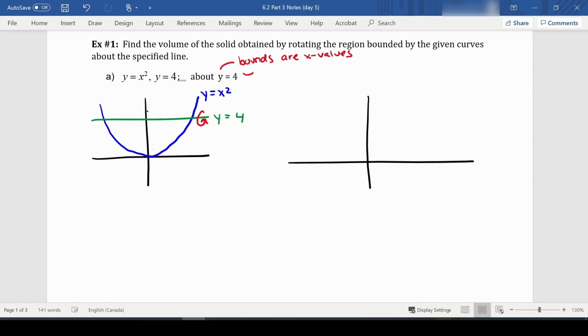Our discs or our washers should have a radius in terms of f of x, or in other words, y equals, which is what we have. So this is the region that we are rotating. We're starting here and ending here in terms of our bounds.